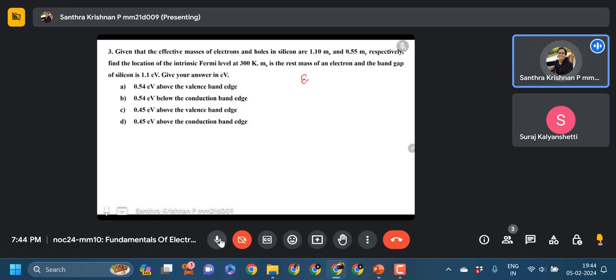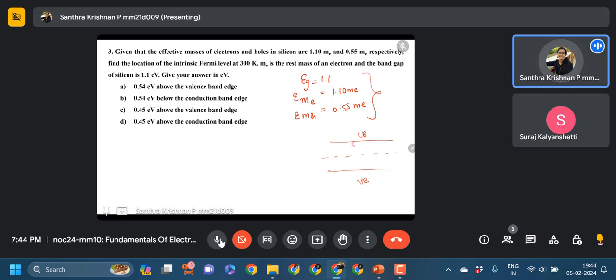So basically Eg is given as 1.1, and the effective mass of electrons is 1.10 me and of holes is 0.55 me. Based on this, you have to tell where the Fermi level lies. We know that the Fermi level lies somewhere in between, right? If this is your conduction band and this is your valence band, somewhere here the Fermi level lies.